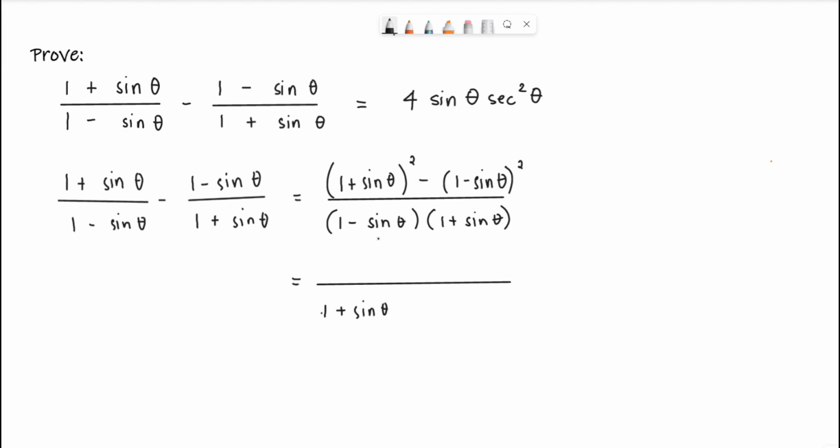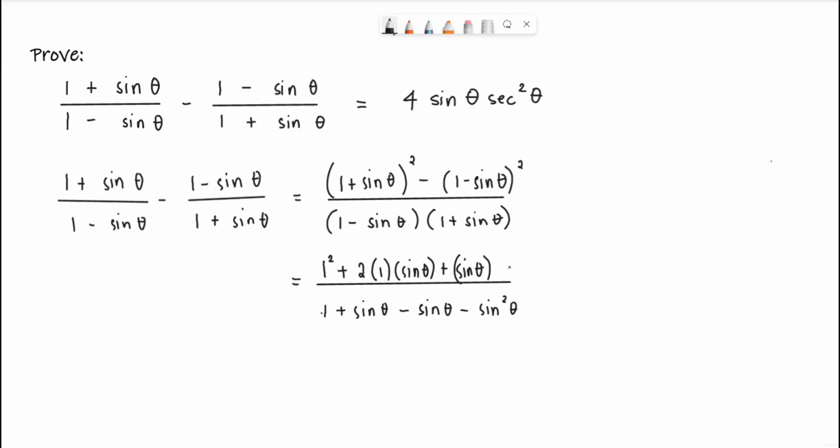Next, negative sine theta times 1, we will have negative sine theta, and negative sine theta times positive sine theta, we will have negative sine squared theta. Next, if you are going to expand 1 plus sine theta squared, we will have 1 squared plus twice the product of our two terms, which is 1 times sine theta, and let us square the last term, which is sine theta.